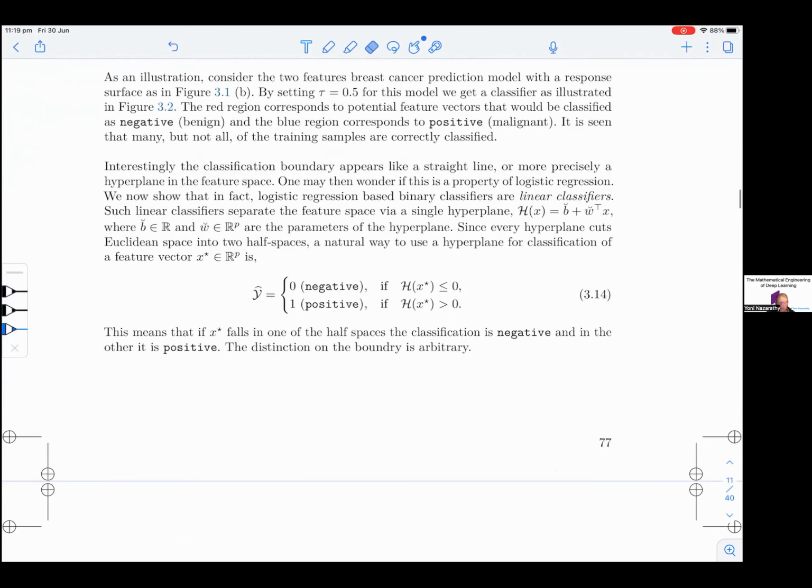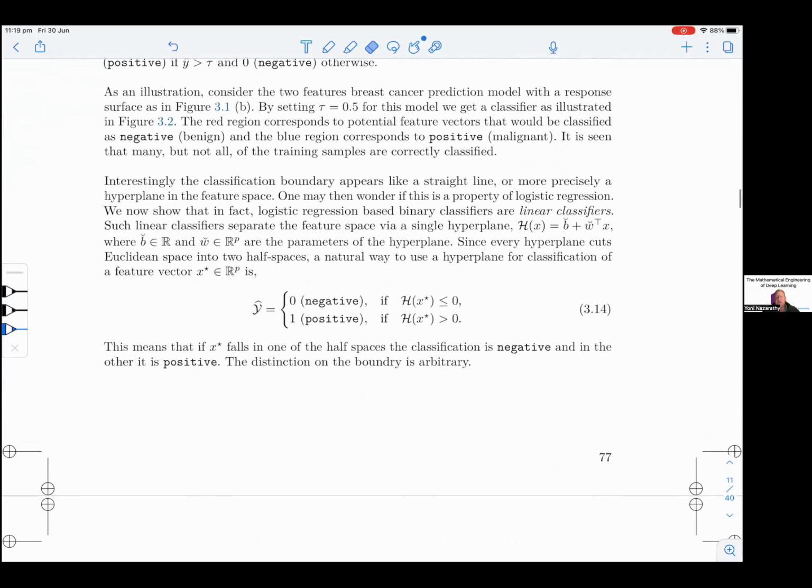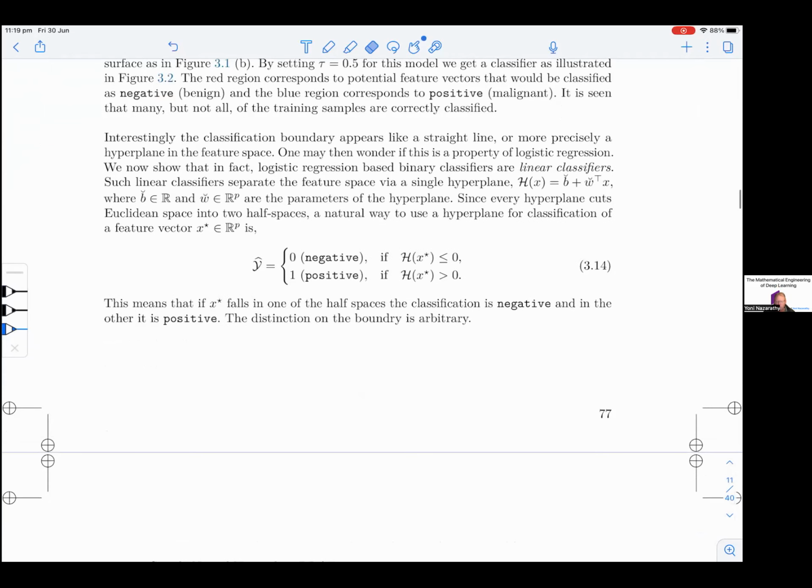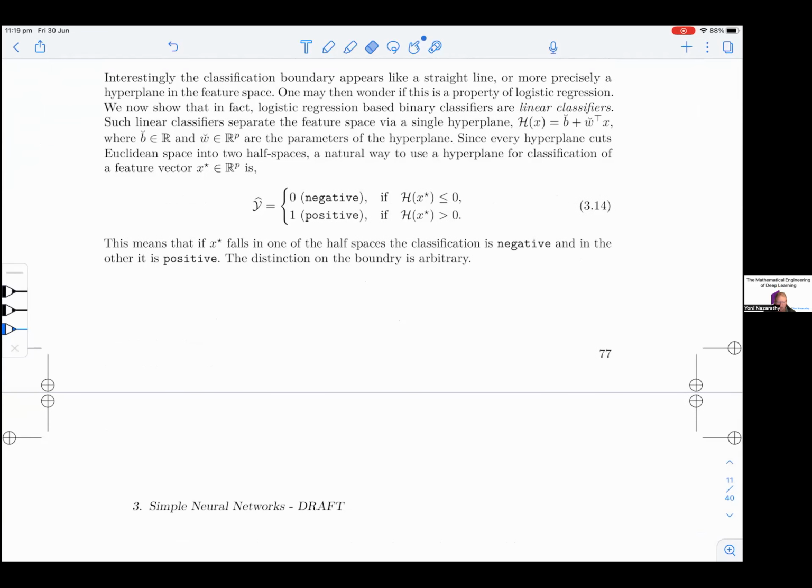Interestingly, the classification boundary appears like a straight line, or more precisely, a hyperplane in the feature space. One may then wonder if this is a property of logistic regression. We now show that, in fact, logistic regression-based binary classifiers are linear classifiers.